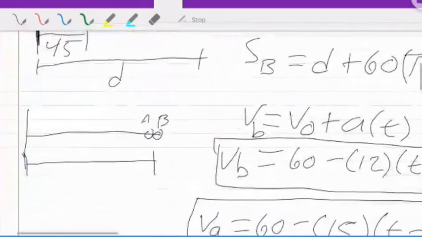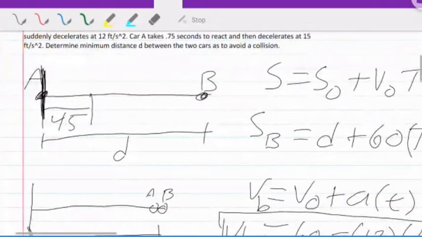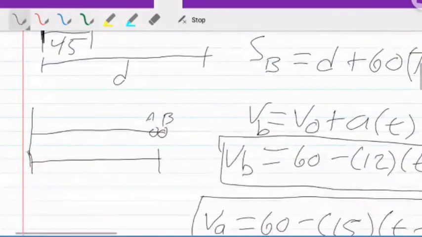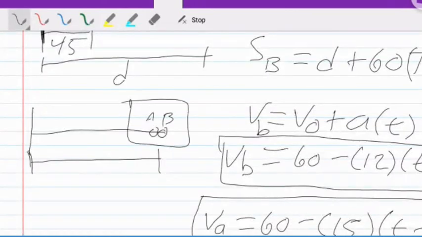The hardest thing about this problem is just seeing at what point A and B are going to be equal to each other in terms of displacement and velocity. You just remember that B hits his brakes first, so he's going to be slowing down, which means A is going to be catching up to him, and then he eventually hits his brakes, but these two are going to get so close together right here, and then they're going to start backing away, and we call it zero.